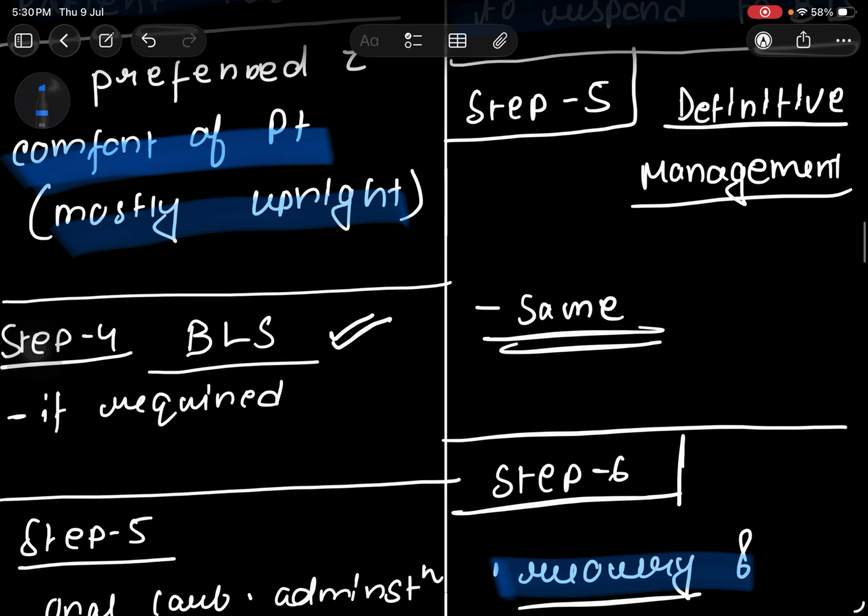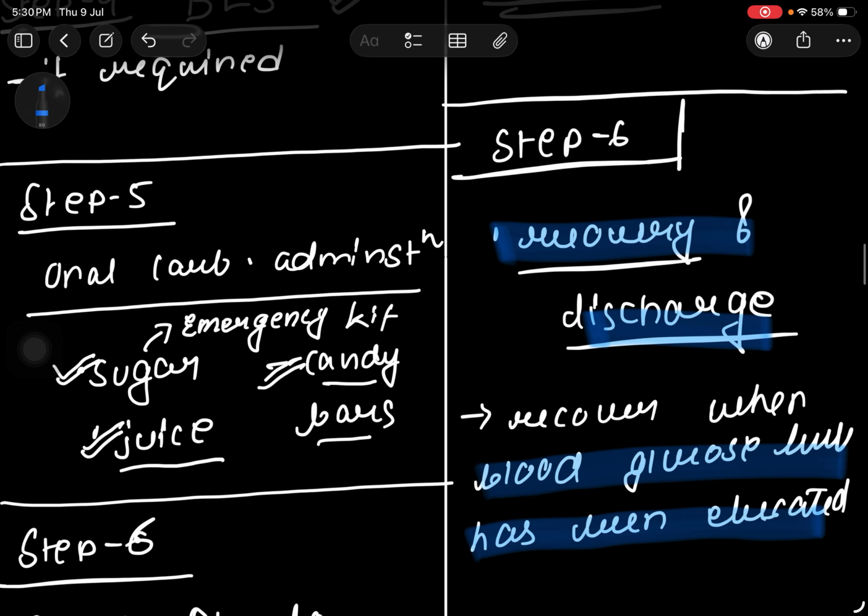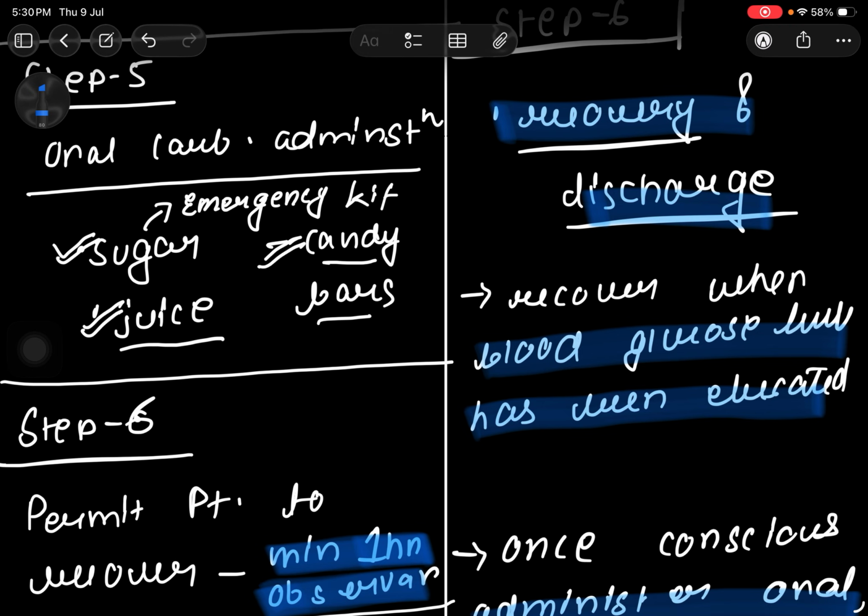Now definitive management is the same as that of a conscious patient, that is parenteral administration of glucose and transmucosal administration, the same steps. Then recovery and discharge. Every 5 minutes we have to check the vitals. In case of an unconscious patient, recovery happens after the blood glucose level is elevated.